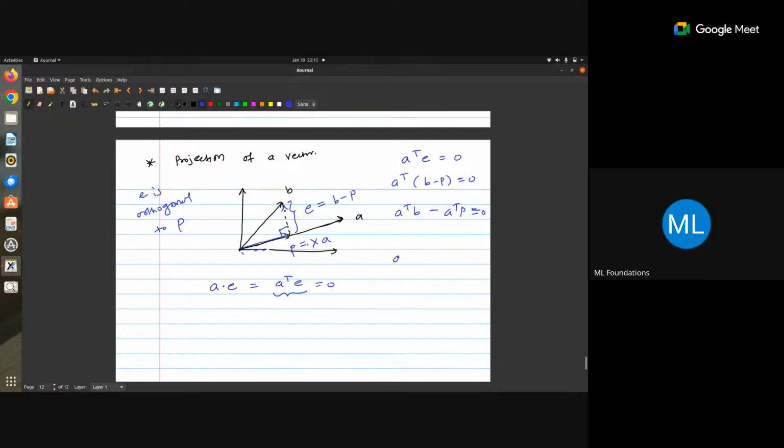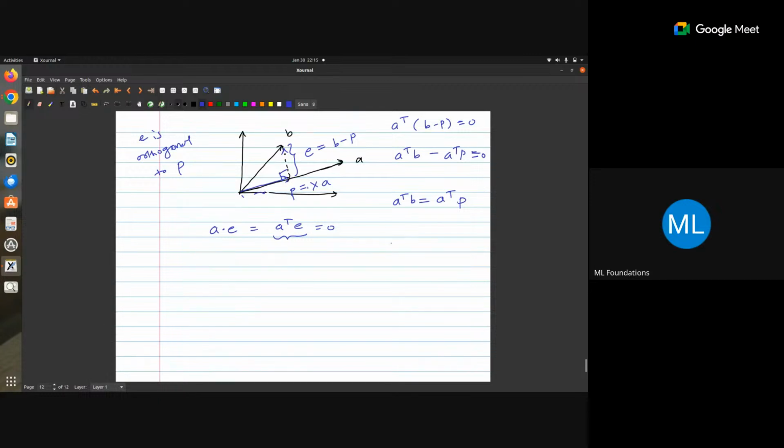Can I say that A transpose B equals A transpose P then? But what is P? The projection. And what is the value of P by looking at this diagram? It is XA, right?